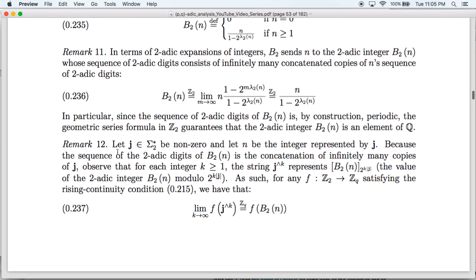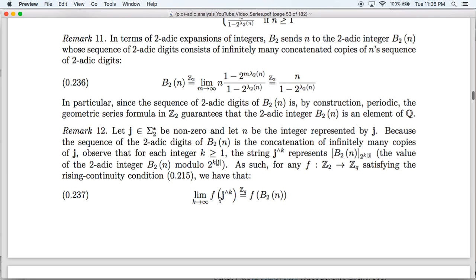So here's the thing. Let bold J be a non-zero string, and let n be the integer represented by bold J. Because the sequence of the q-adic digits of b2 of n is the concatenation of infinitely many copies of bold J, observe that for each integer k greater than or equal to 1, this string represents b2 of n projected mod 2 to the k bold J. As a result of this, for any f which is rising continuous, the limit as k approaches infinity of f of bold J wedge k converges q-adically to f of b2 of n.